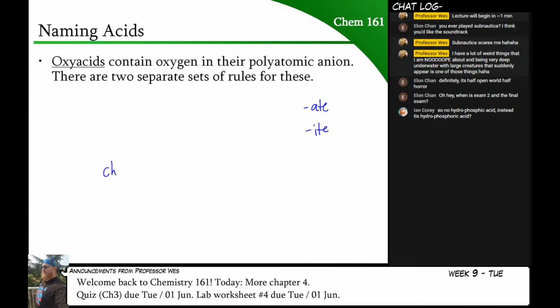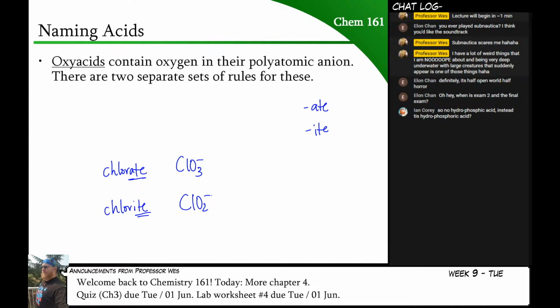So, for example, this polyatomic ion ends in ate, whereas this polyatomic ion ends in ite. And all of the polyatomic ions that we are dealing with end in ate or ite. Nearly all of them, anyway.